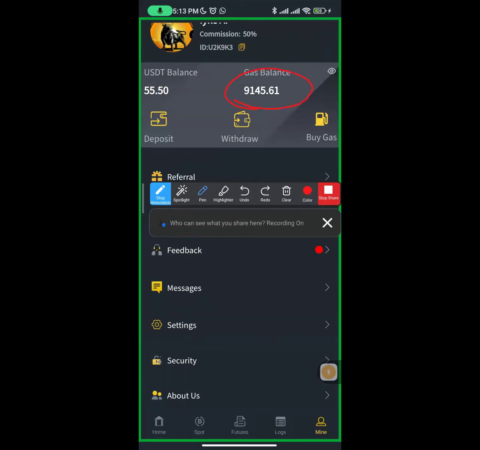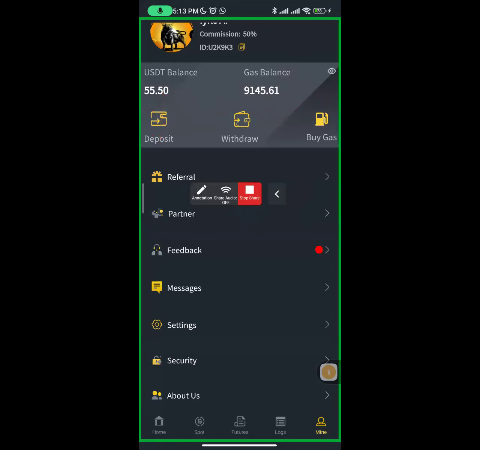If you have $30 here, now your $30 will be converted to 3,000. So you're going to be seeing 3,000 right here. So that's the third stage. The next stage is for you to start trading.